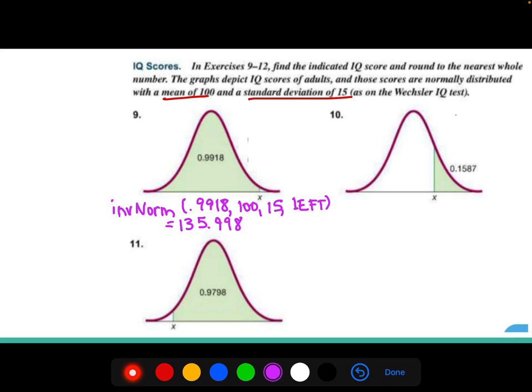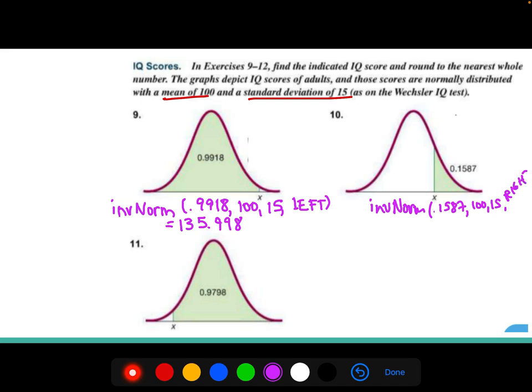Our next one over here, I'm going to do him. Okay, again, I'm going to use the calculator. So I'm going to do inverse norm. And the area in this case is 0.1587. Again, 100, 15.